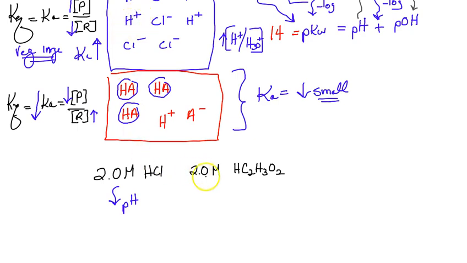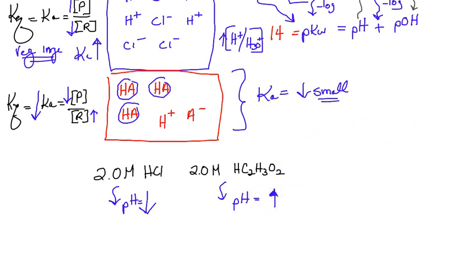There's going to be a lot less dissociation here, so the pH won't be as low. For a 2 molar solution, the pH will be a certain value, and this one is going to have a much lower pH, and this one is going to have a much higher pH, with fewer H+.